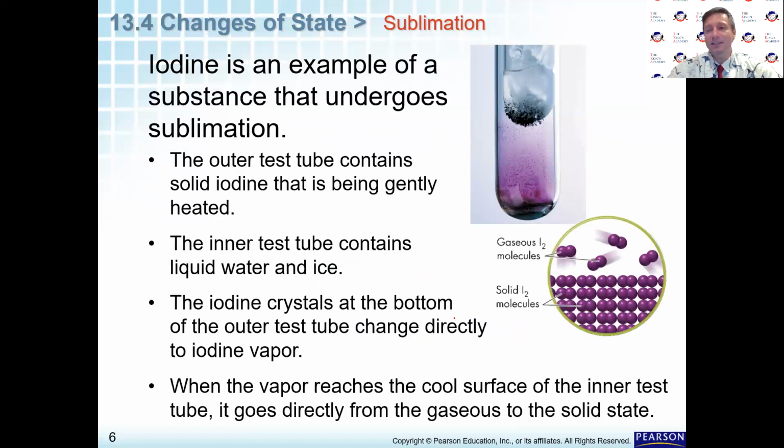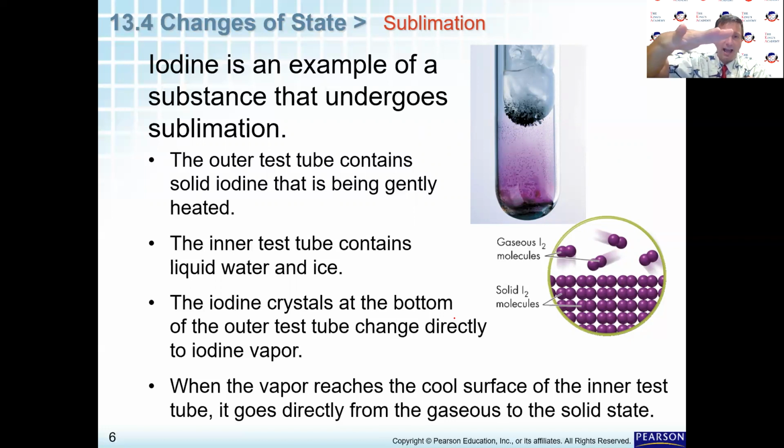Iodine is a demo that I had planned to do for you in class. I'll walk you through it. Take some solid iodine crystals and gently heat them. The solid iodine will go directly into the gaseous state.